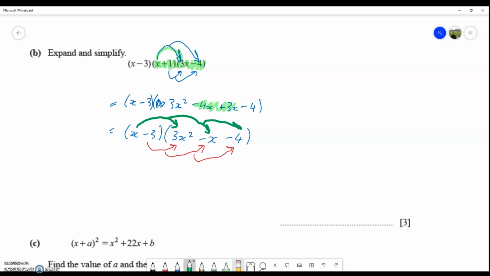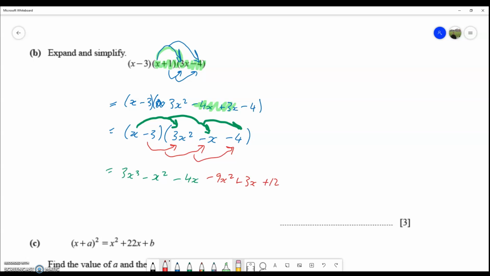So if we just start with the first one, it's 3x to the power of 3 minus x squared minus 4x. Then we do the second term of the first bracket, multiply it by everything. So that would give us minus 9x squared plus 3x plus 12.